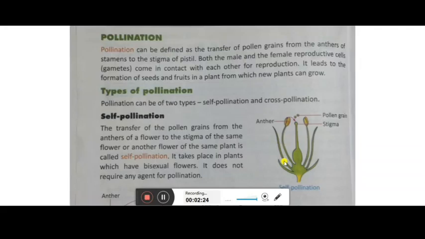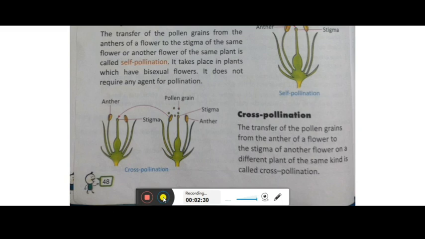Now moving towards the other one, cross-pollination. So what is cross-pollination? The transfer of pollen grains from the anther of the flower to the stigma of another flower on a different plant of the same kind. Here it should be noted that the flower will be of a different plant, but the kind is the same.